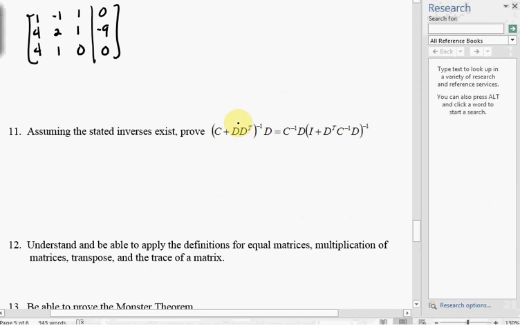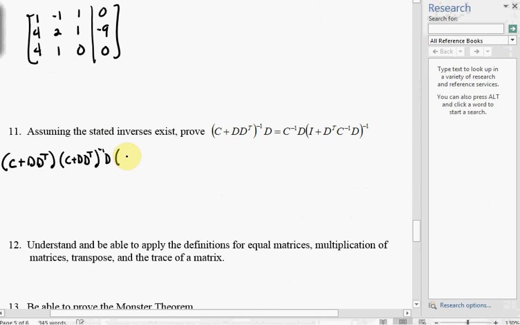So let me just write it and then I'll make some comments about it. Here the left side is (C plus D D transpose) times (C plus D transpose) inverse D. Now watch this.